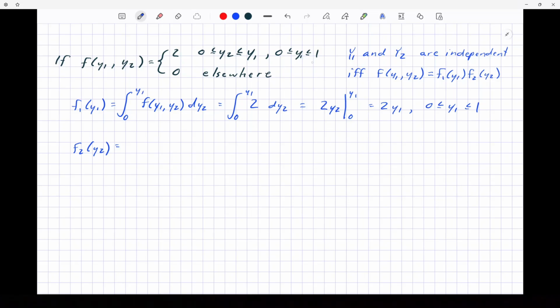It can never be greater than 1, but it's defined down to y2 because we've specified that it's always greater than or equal to y2. We're going to go from 1 down to y2, not down to 0. It may go down to 0, but it's going down to 0 as it relates to y2.